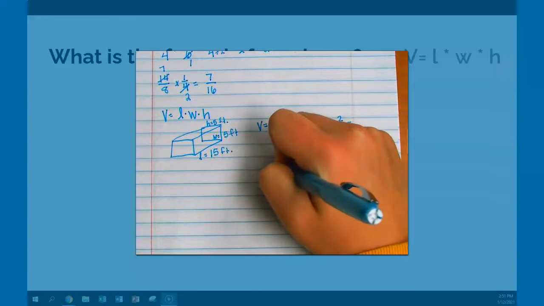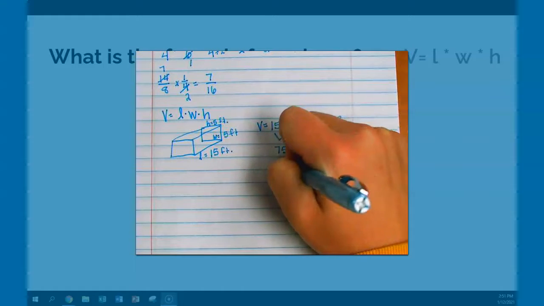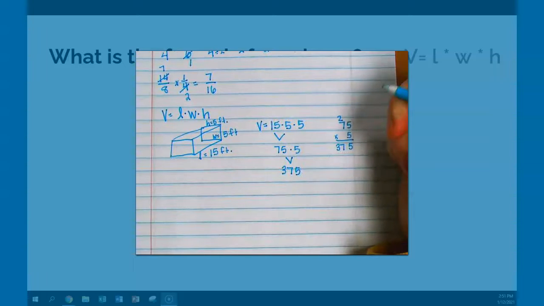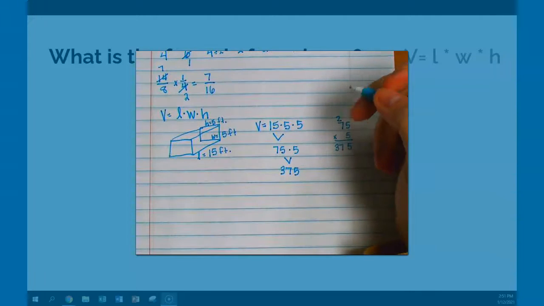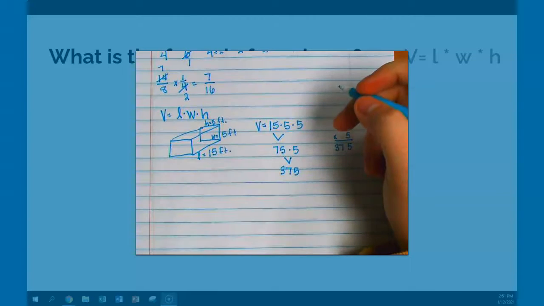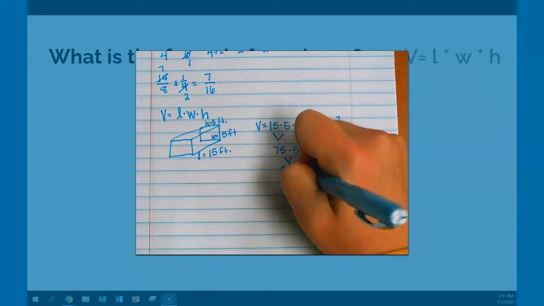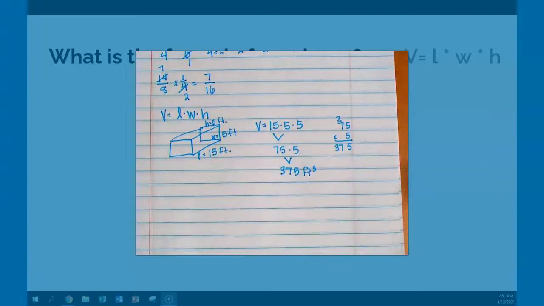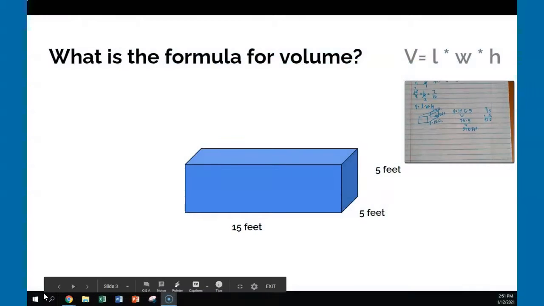So my volume would be 375. What would your label be on this figure? Hopefully you said cubic feet, so we have the exponent of 3 because we used 3 dimensions.